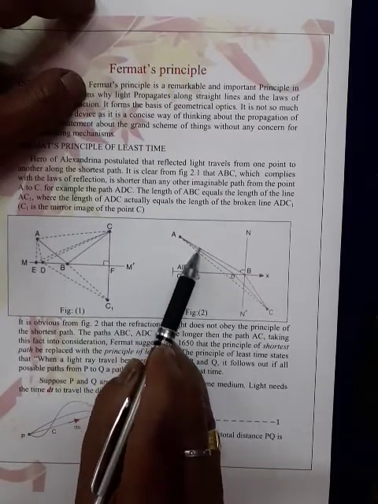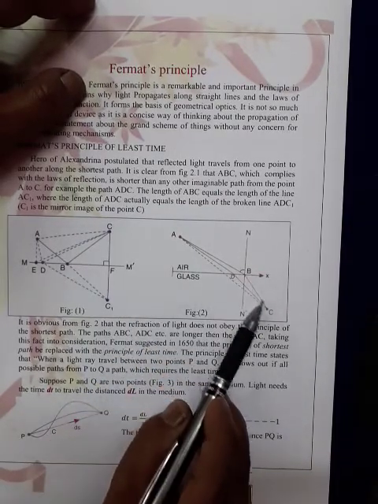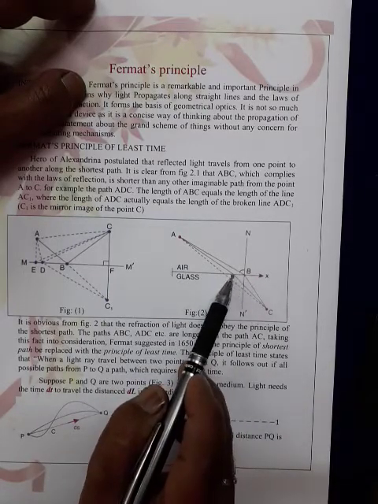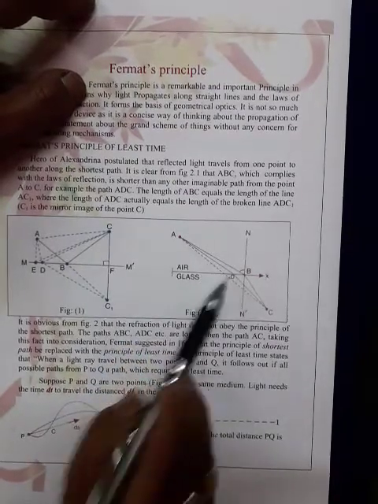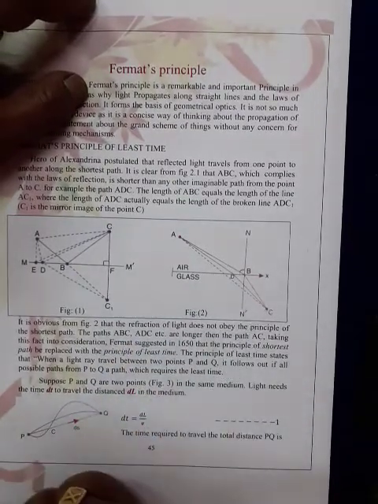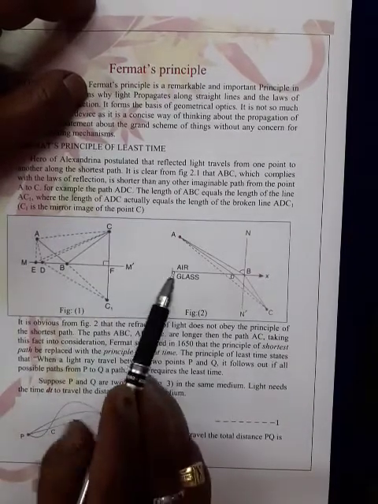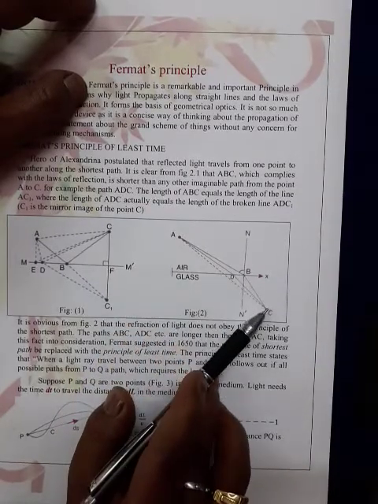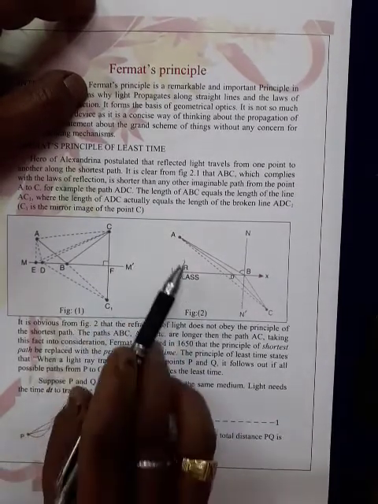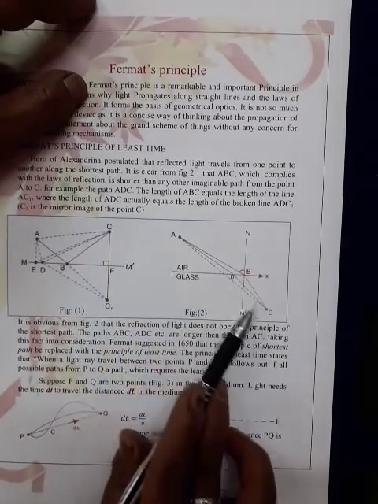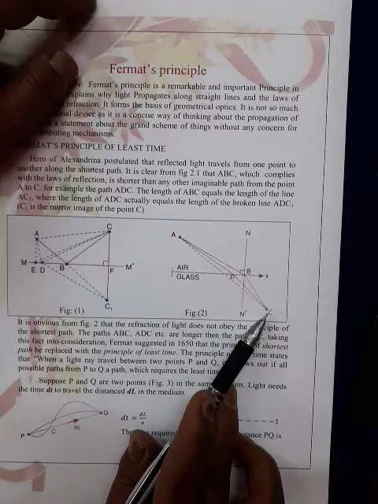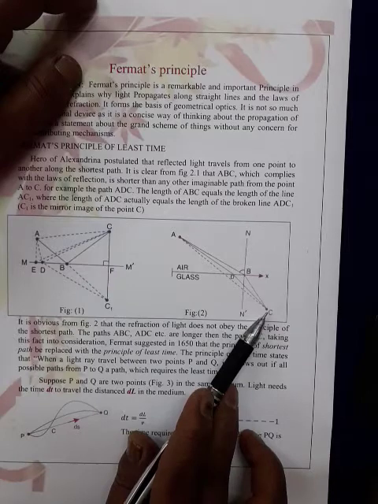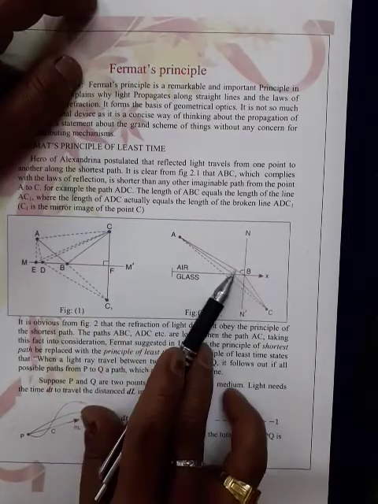See the length A to B, B to C. Now if I consider another path which is close to B, that is path A to D, D to C, here it is very clear that the length ADC is shorter than ABC. If I draw a straight line from A to C directly, the length here is less than ADC and ABC.